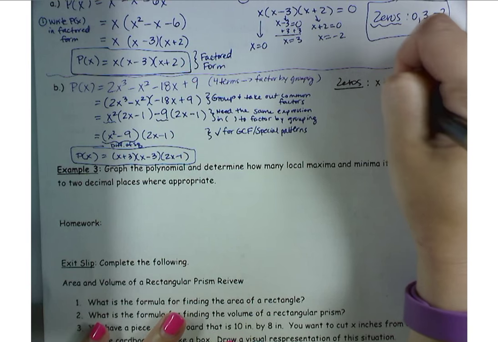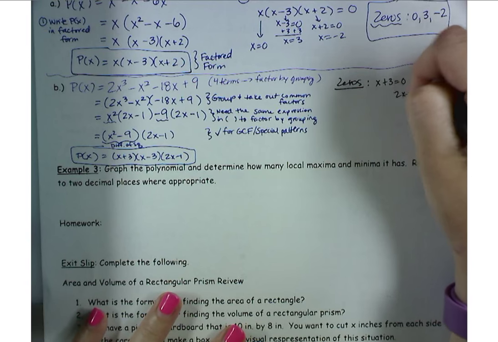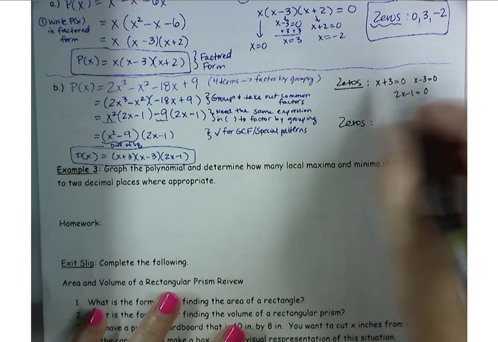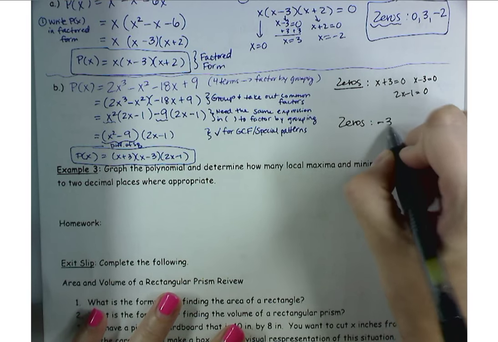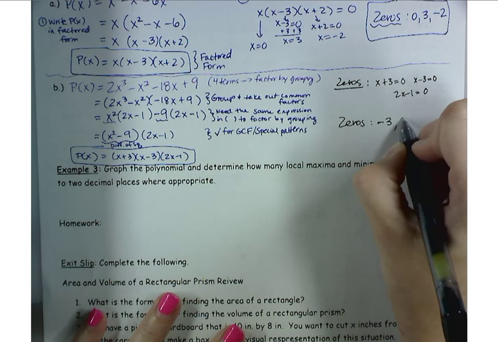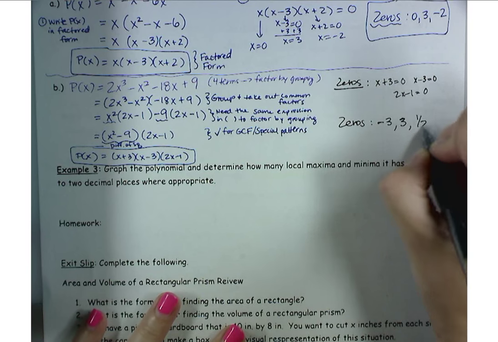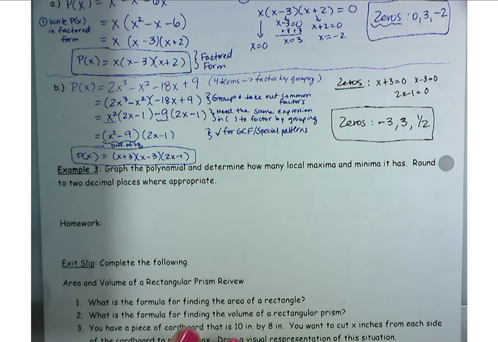I'm just writing out that you would set each one of these equal to 0 and solve. So when you solve, your zeros are going to be, what's the first one? Negative 3, and then x minus 3 would produce 3, and 2x minus 1 would produce 1/2. So those are going to be your zeros.